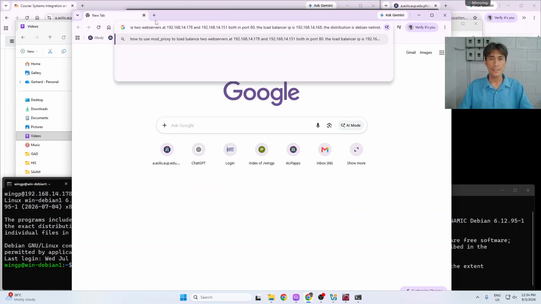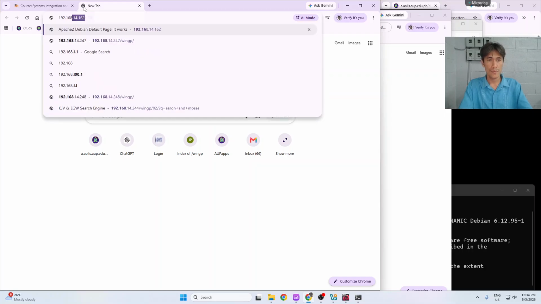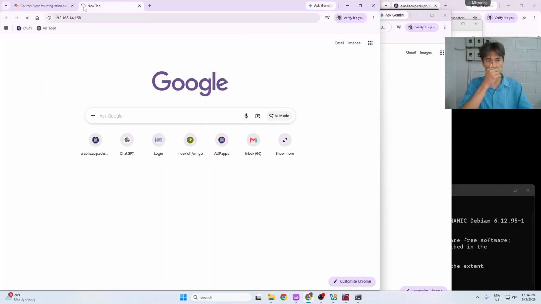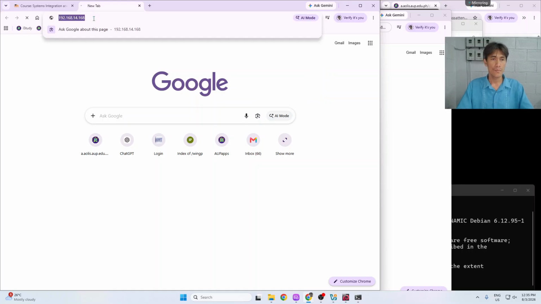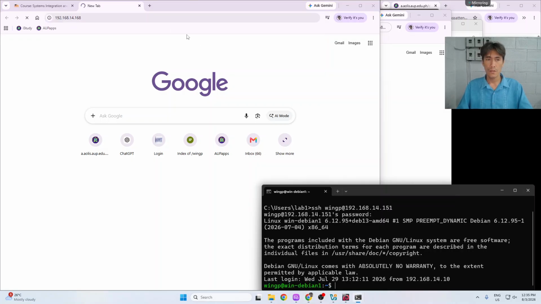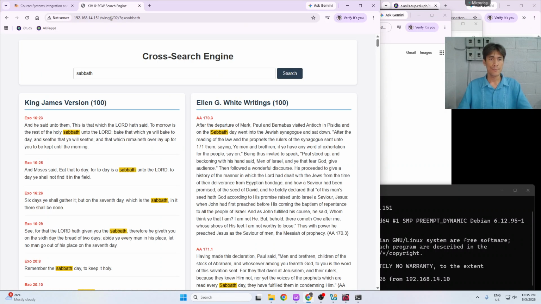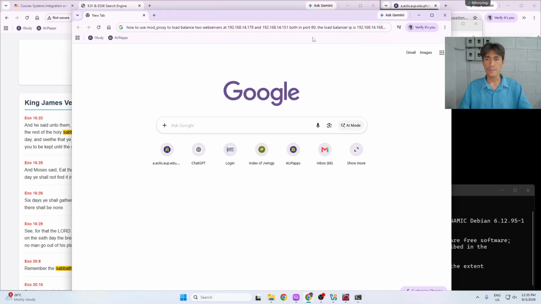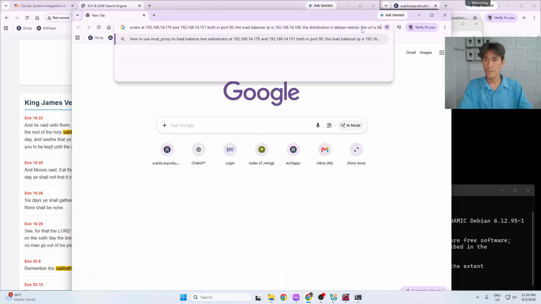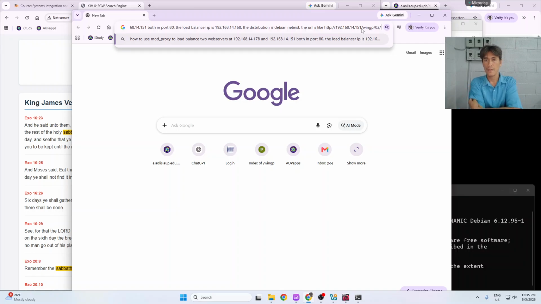And the URL is 192.168.14.151. So the URL is like this. Where's our prompt? The unbalanced.